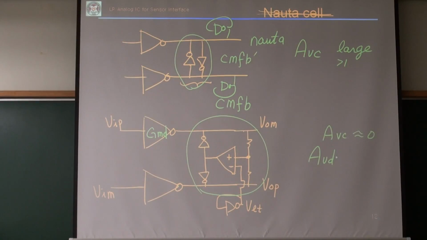For the differential mode gain, yeah, this is for DC, so it doesn't drive. Differential mode gain can be just GMD times that arrow thing. This can be RO2, GM2 RO2.